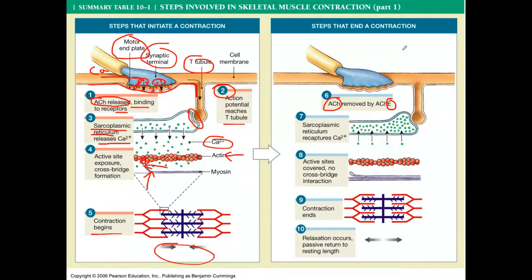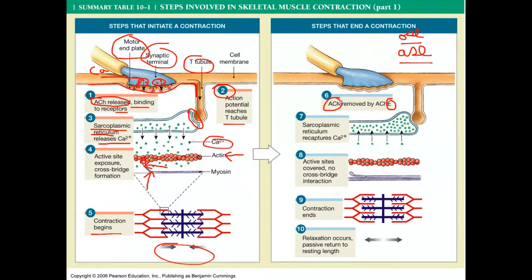Anything that ends in ASE is an enzyme. Remember, if something ends in an OSE, it's a sugar. So don't confuse ose, like sucrose, fructose, glucose, with an ase. ASEs are enzymes. So acetylcholine esterase is an enzyme that's going to break down acetylcholine.